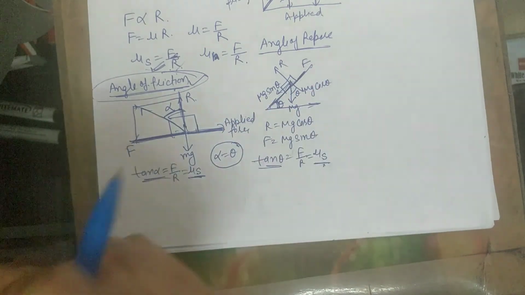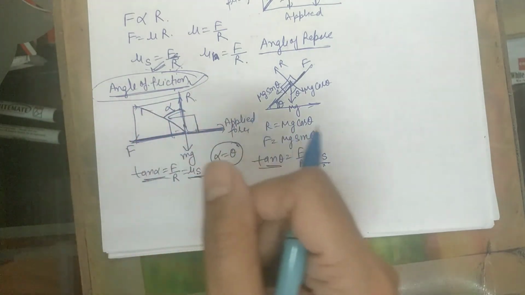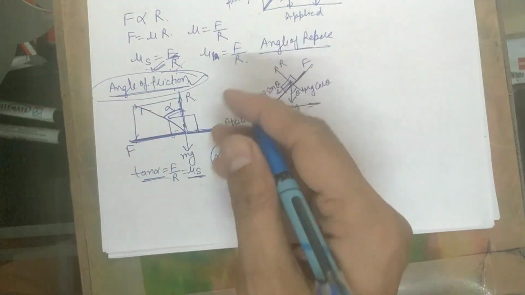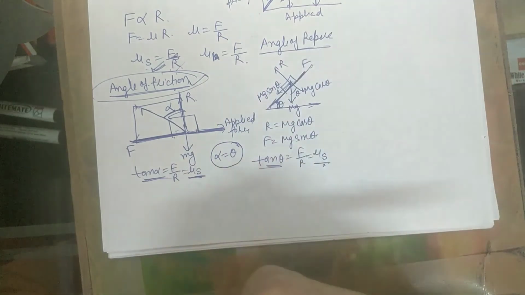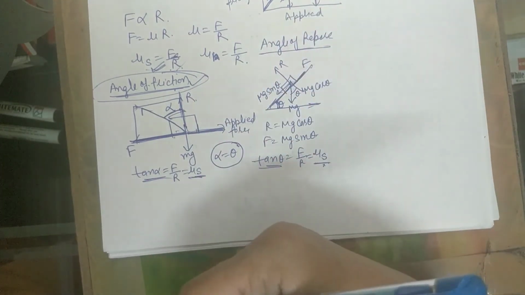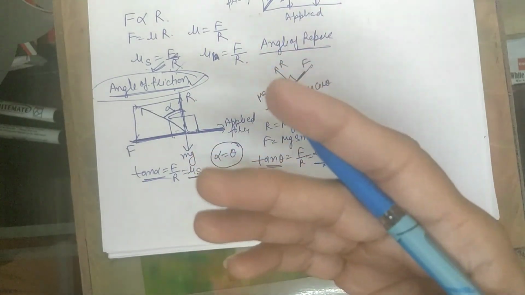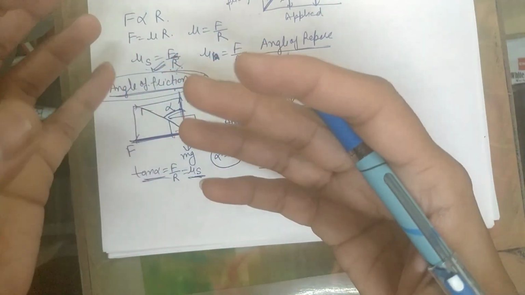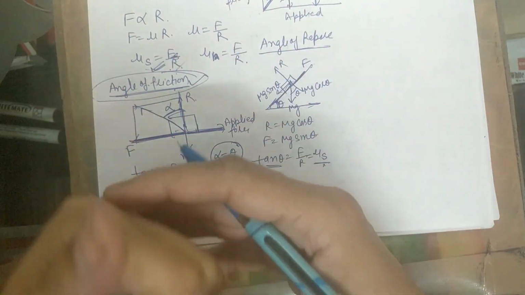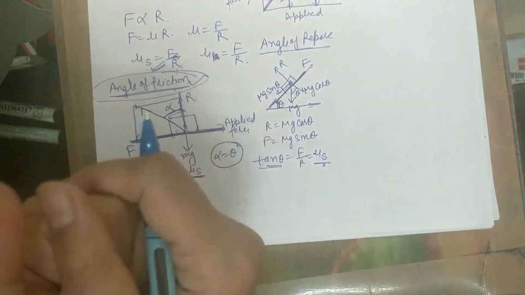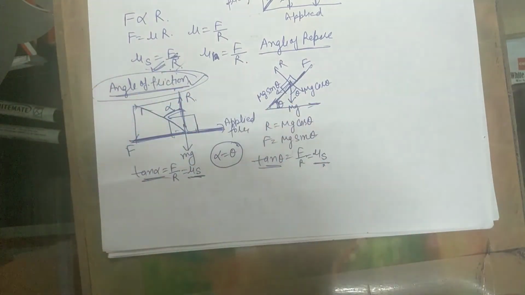But in some cases, friction is a dissipative force, and the energy wasted against it cannot be recovered by us. So there are some methods: by polishing, by converting sliding into rolling, by proper selection of materials, and by streamlining the bodies with proper shapes. By selecting the materials, we can minimize this friction.